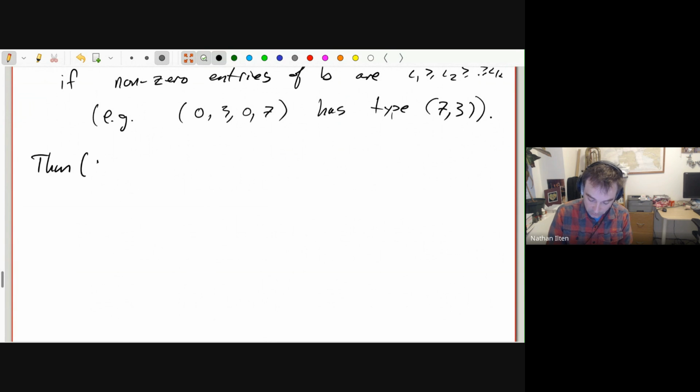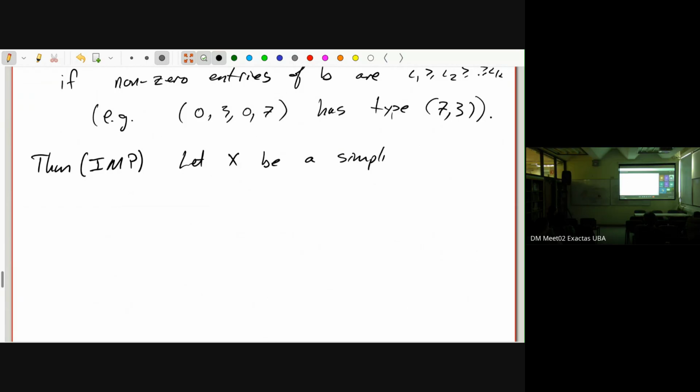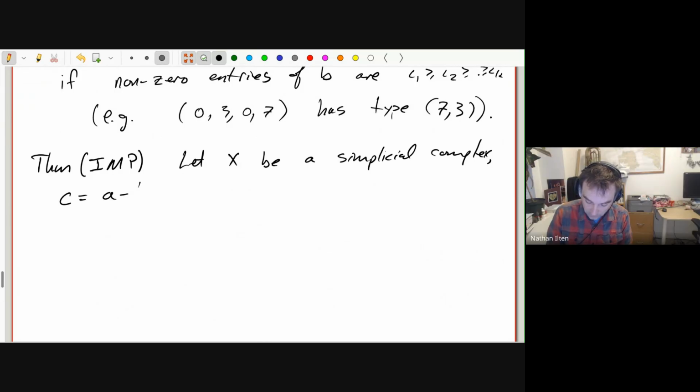This is again due to myself, Meazzini, and Petracci, and it says the following. Let X be a simplicial complex, and C equals A minus B be one of our weight vectors.